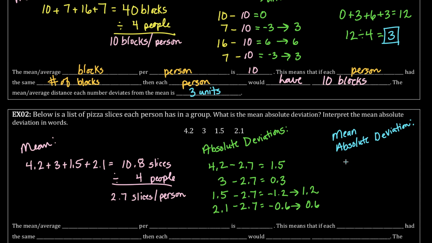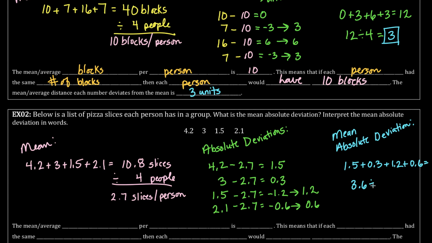So I'm going to take all these: 1.5 plus 0.3 plus 1.2 plus 0.6 equals 3.6.